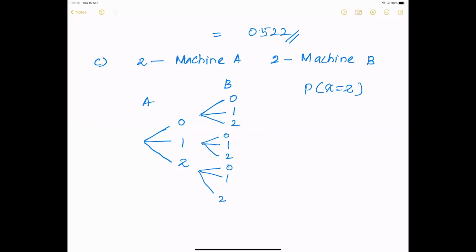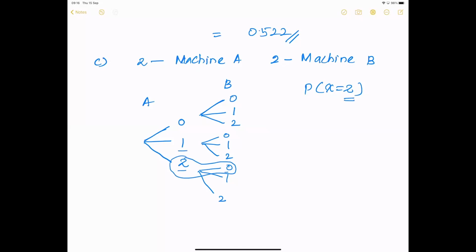What are the options we have to take? Two from A and zero from B. This branch is one option, because exactly two nuts should be defective.